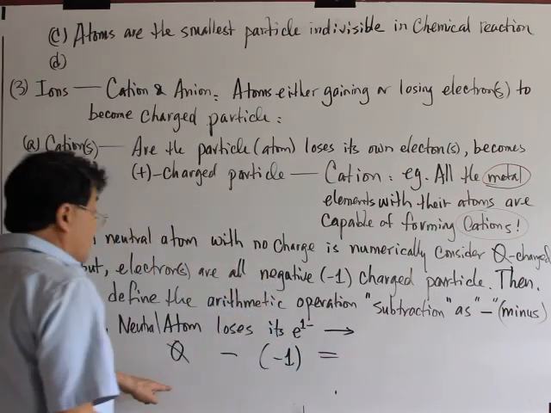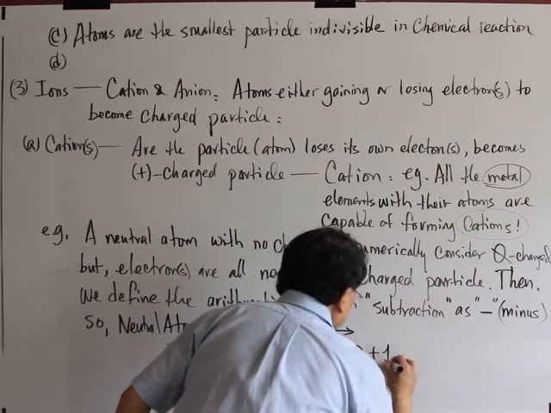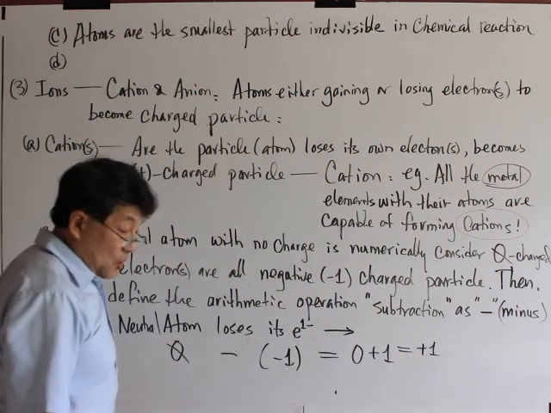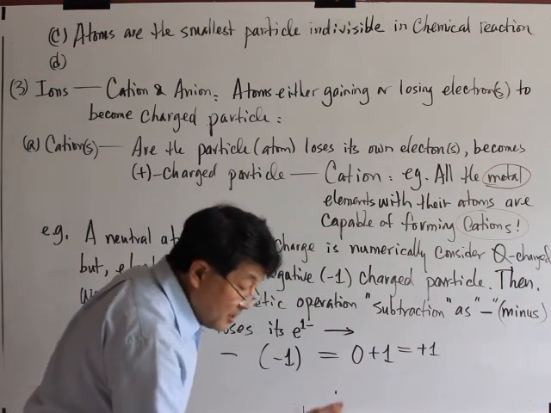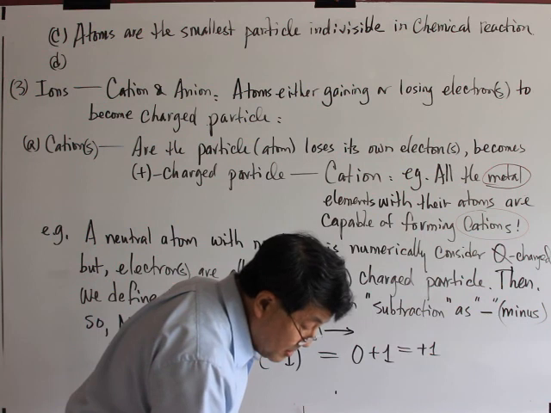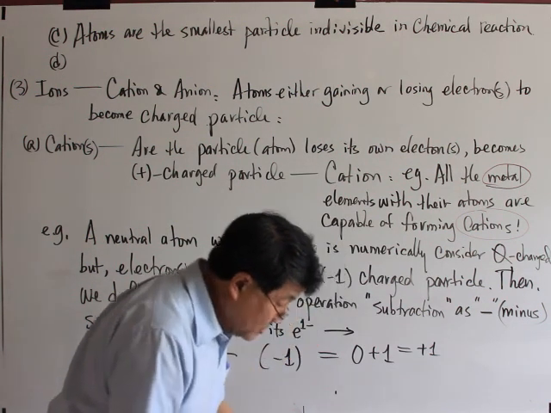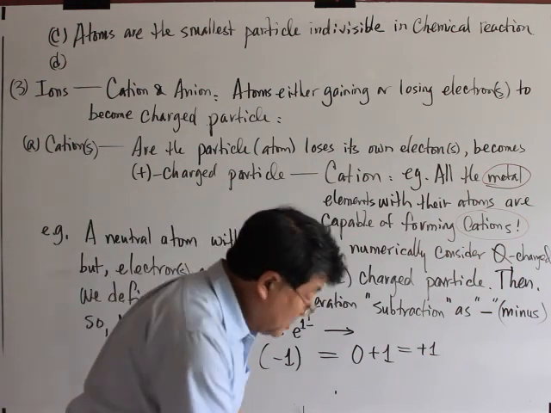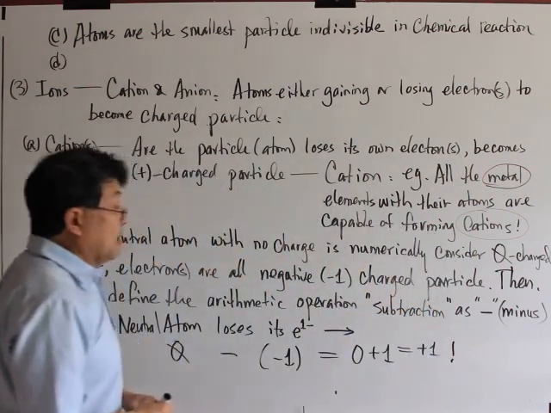So this operation gives you zero, double negative becomes positive, 0 plus 1, that gives you plus 1 as a charge. All right, we stop here and then we will continue. So it becomes a positive charge, a cation ion.